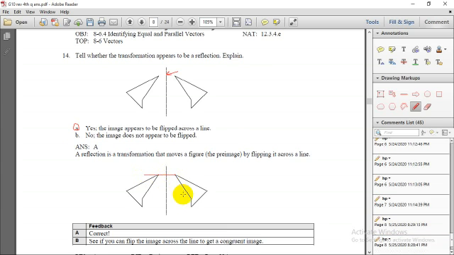We're going to make perpendicular lines from each vertex. Perpendicular to what? Do you remember? Perpendicular to the reflection line.